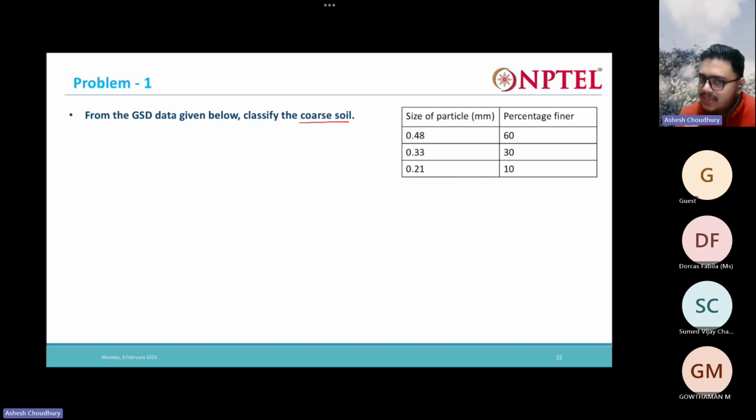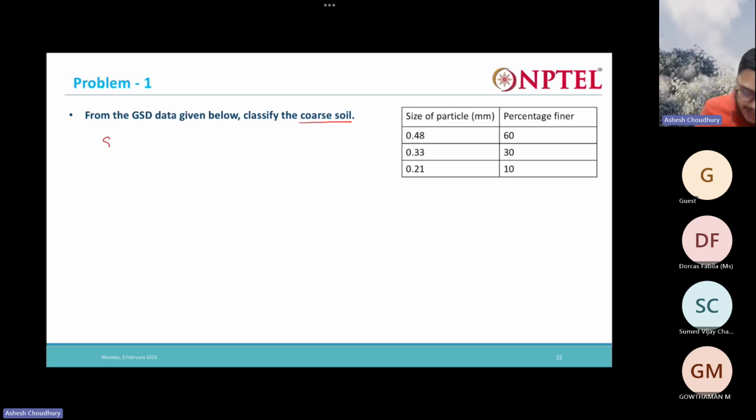More than 50% is finer than 4.75 mm. If 60% is finer than 0.48 mm, then obviously more than 50% is going to be finer than 4.75 mm. All of this fraction is finer than 4.75 mm. So first we decided it is sand.